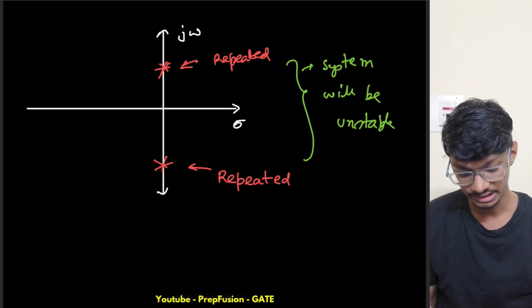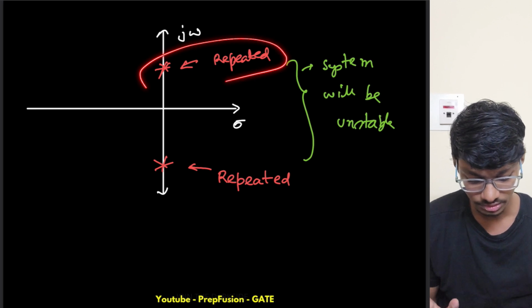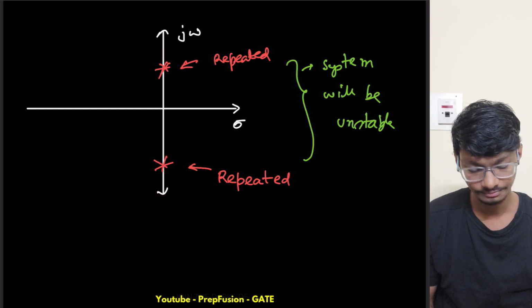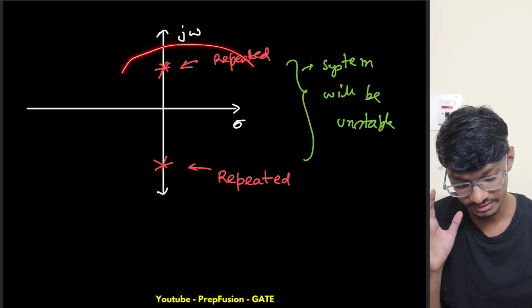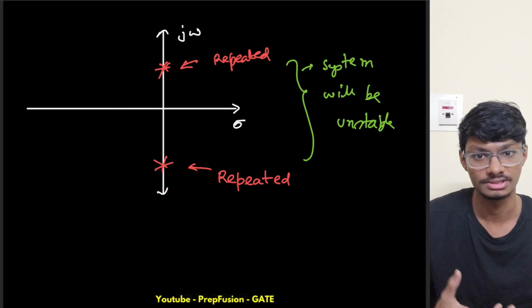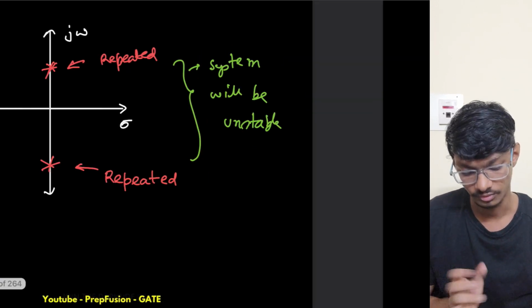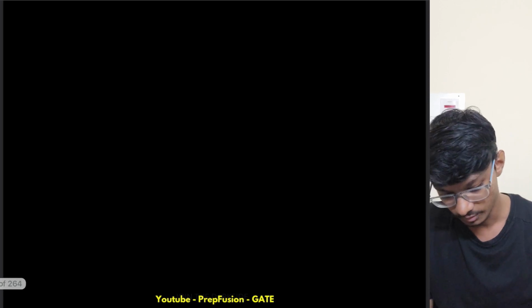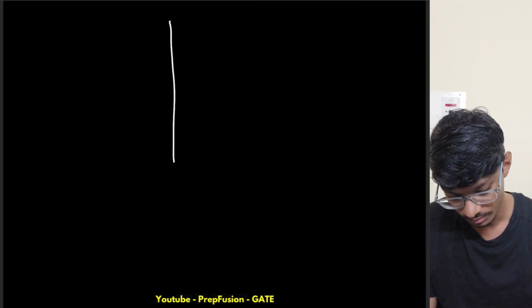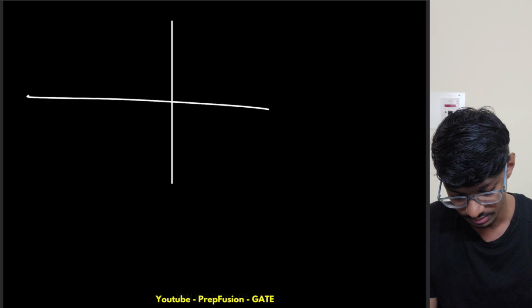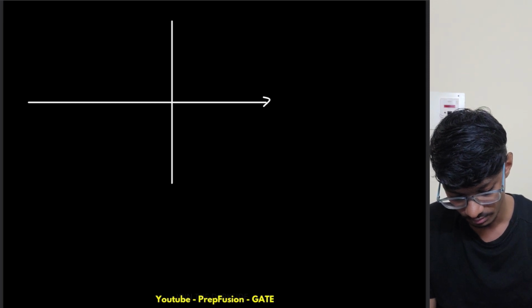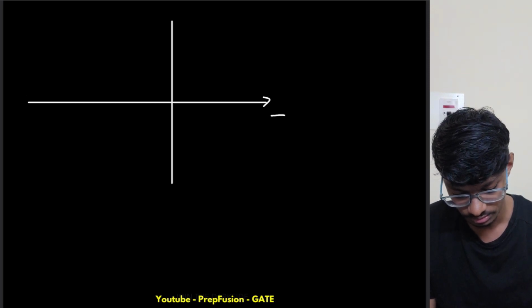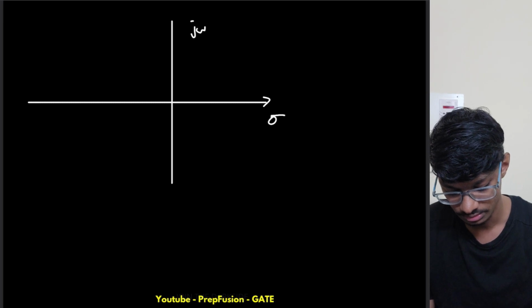So as I was explaining, if we have repeated poles, then we'll get an unstable system. Even if it's on the j omega axis, we'll get unstable, not marginally stable, if we have repeated poles. One more example I can take here is of an unstable system. You do already understand this, but still, this is sigma and this is j omega.